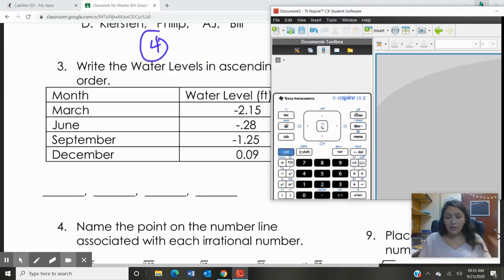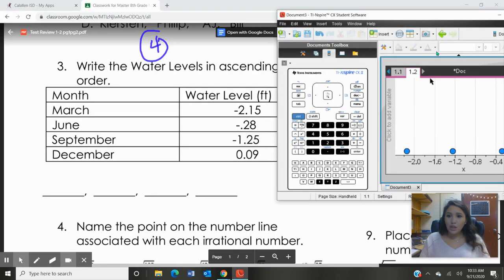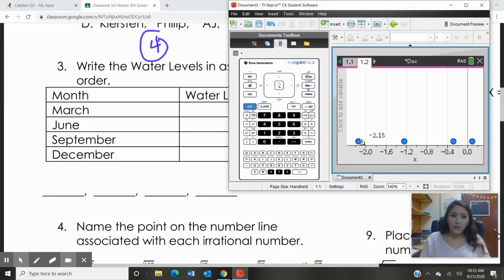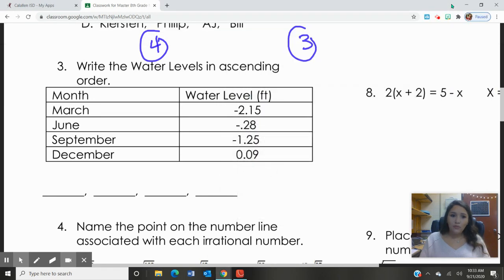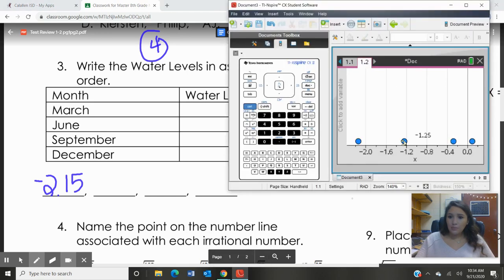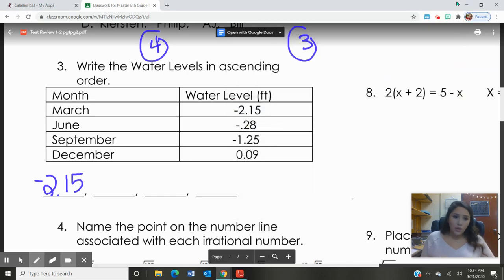So again, ascending order means to go from least to greatest. So I'm going to start off right here with my lowest value. My lowest value is negative 2.15. It says to write the water levels. So negative 2.15. And then my next value is going to be negative 1.25.